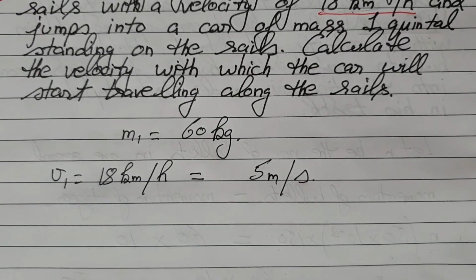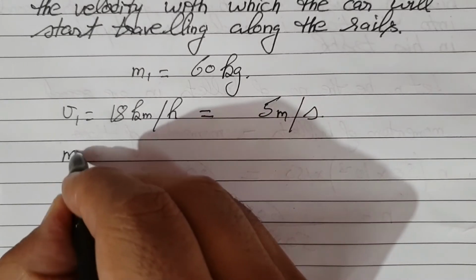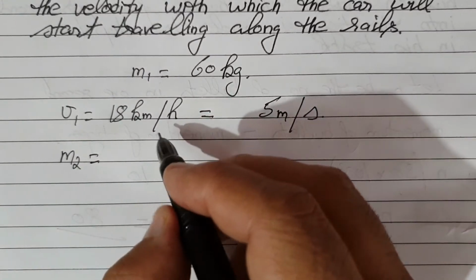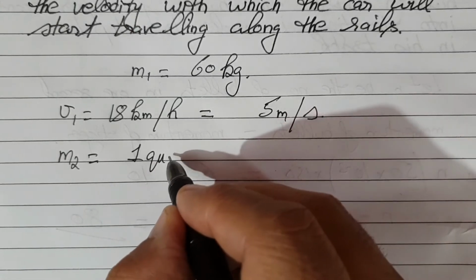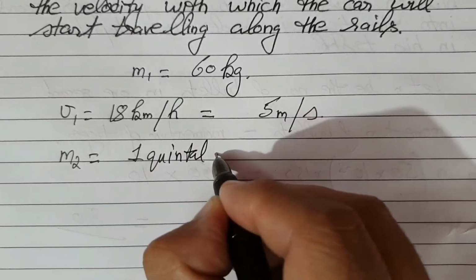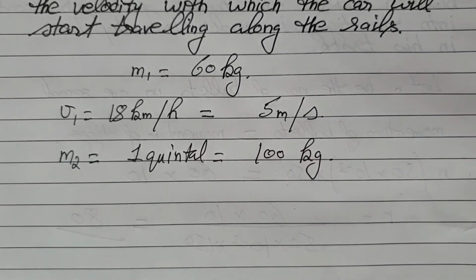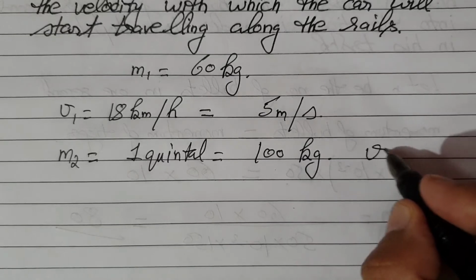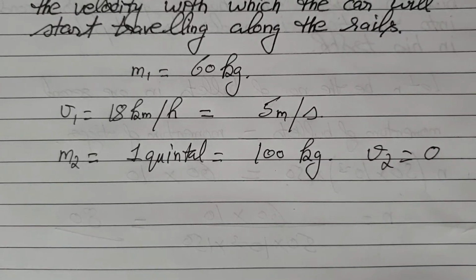Now m2 is the mass of the rail, which is 1 quintal, equal to 100 kg. And what is v2? v2 is 0, because the rail was at rest.